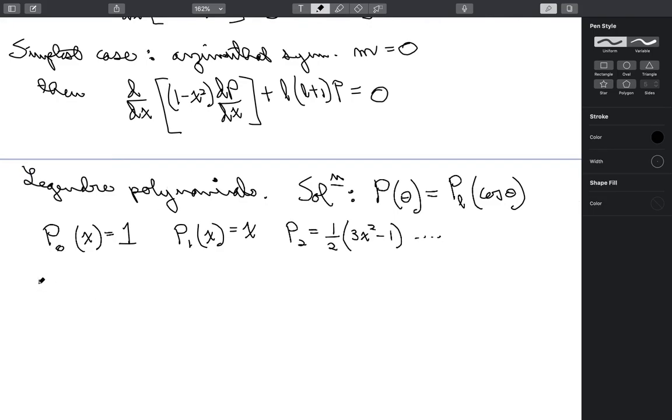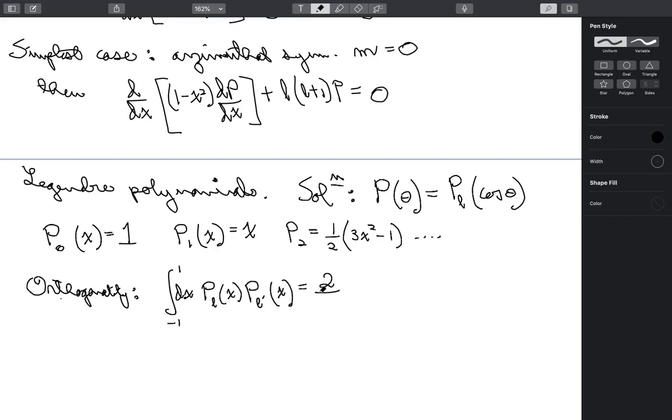Okay, so what do I mean by this? If I look at the orthogonality relationship for Legendre polynomials, it tells me that if I do an integral between -1 and 1 over x with a uniform measure of the Lth order polynomial with the L'th order polynomial, then I get an orthogonality relationship.